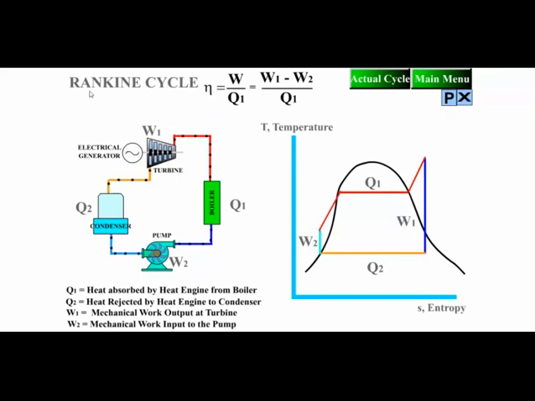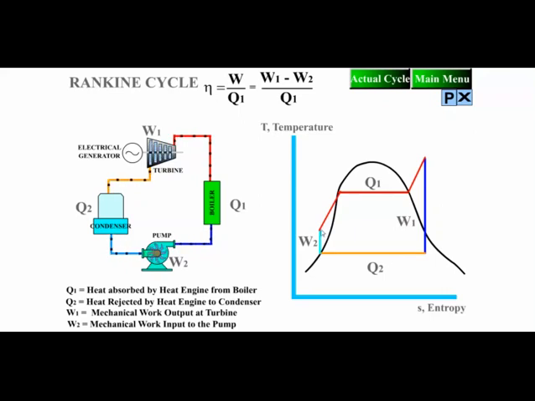Then comes simple Rankine cycle. The superheated steam from boiler passes through turbine. Here you can see the superheated steam passes through the turbine, expands and goes to the condenser, where it loses its latent heat and phase change occurs, and steam gets converted into saturated liquid condition, from where it is pumped into boiler.